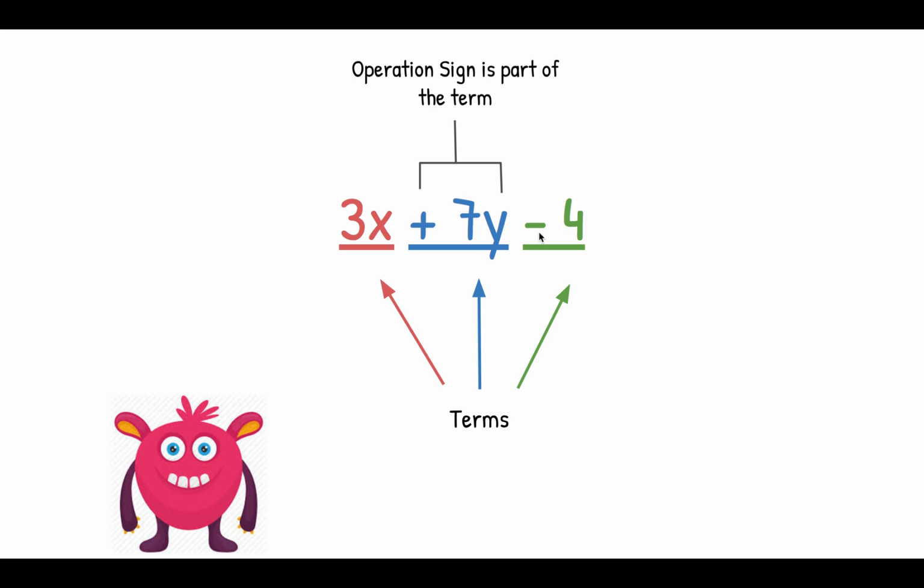But since the minus sign is before the 4, this is now -4. And if you want to move these terms around, this -4 will always be -4. The subtraction sign doesn't just stay there while the 4 moves around. This whole thing moves around. That's why I've color coded it like this, so you can see all the different terms.